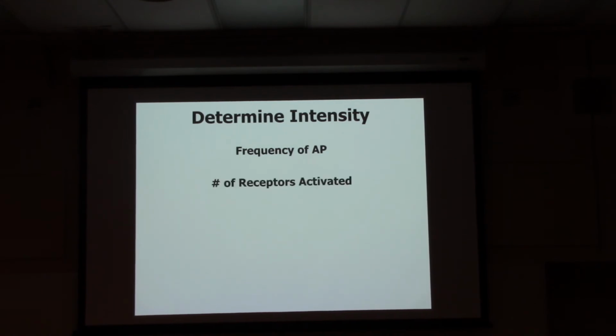Another contributing factor is the number of receptors activated. If you get a gentle touch to your arm, only a few receptors are activated. But if something big bumps in really hard, it's going to stimulate lots of receptors, and that's going to be interpreted as a much bigger initial stimulus.